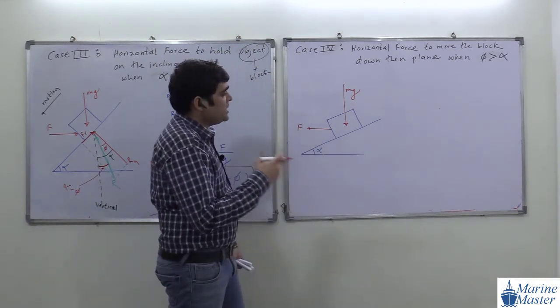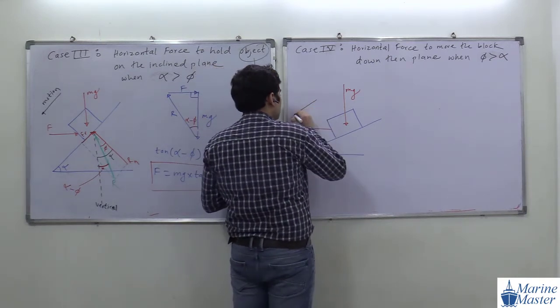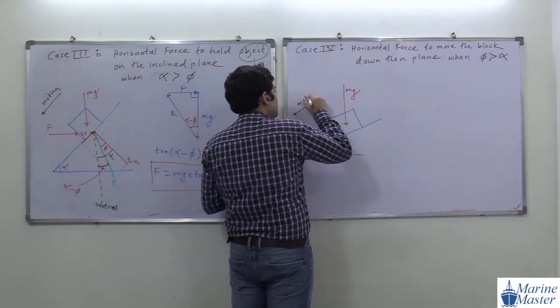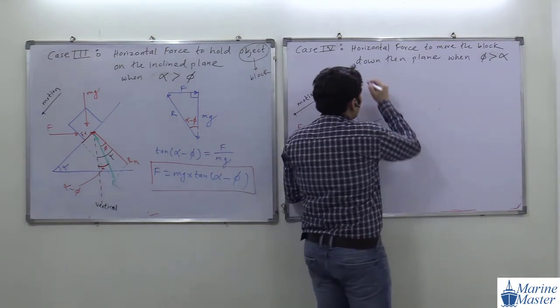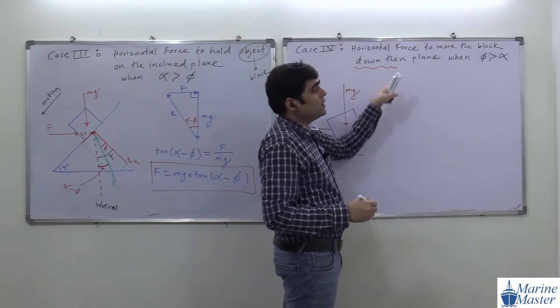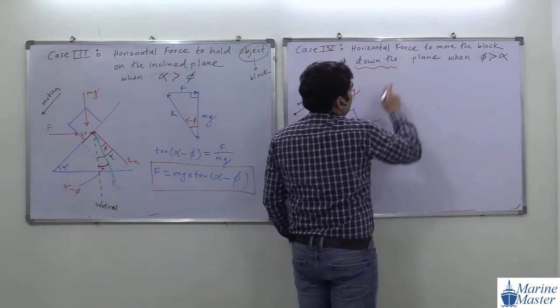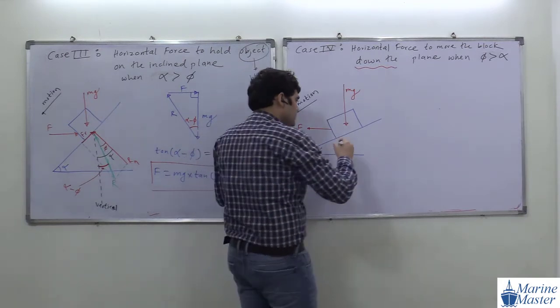See the point here. Now the object is going down, so the motion of the object is downward, and our target is to move the block down the plane. So what will be the scenario here?